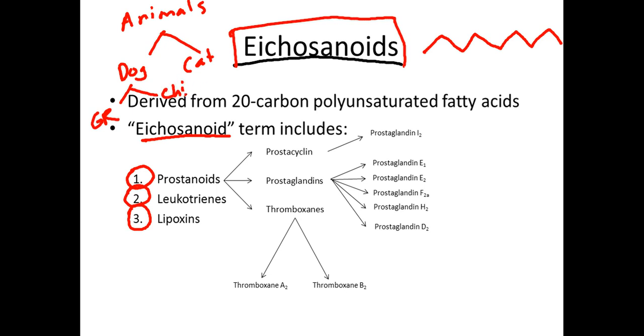I don't even know how to spell chihuahua. So this is what we're doing. Eicosanoids would be the general category. Then we have different species, like a dog, a cat, and an alligator. And then we can further break these down into more specific molecules such as prostacyclins, prostaglandins, and thromboxanes. I'll discuss the functions of each of these within the body.